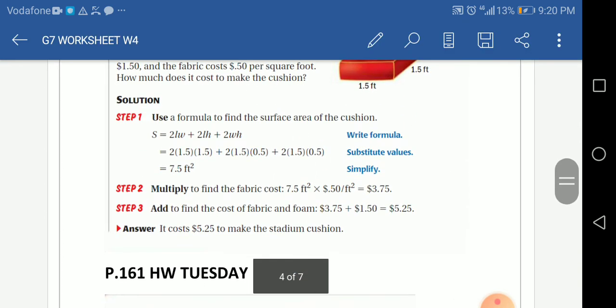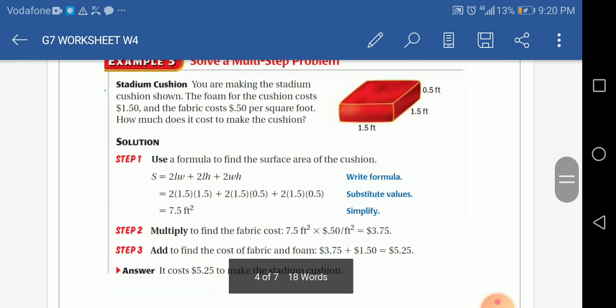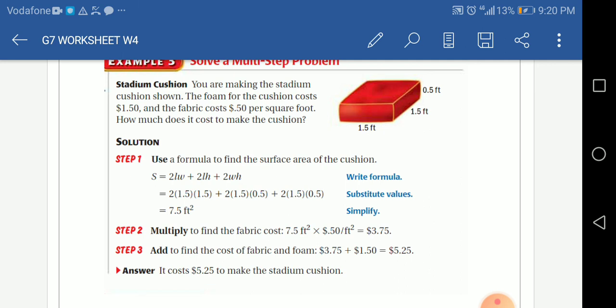After getting the surface area, we want to know how much it costs. I know that the foam for the cushion costs 1.50 and the fabric costs 0.50 per square foot. So we got 7.50 times 0.50, and this is for the fabric.